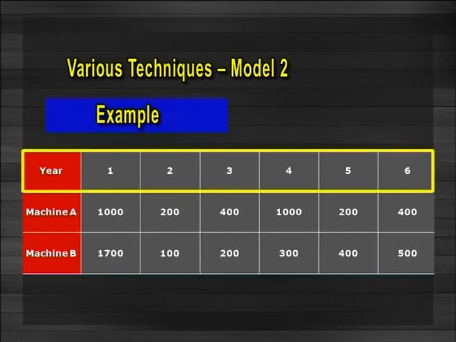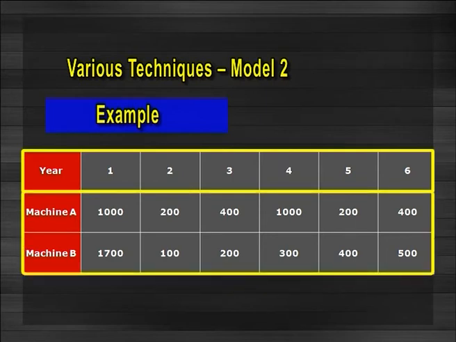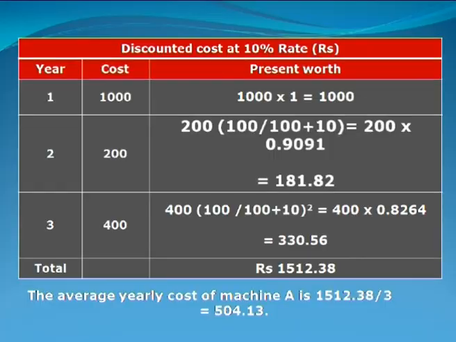First row indicates the year from 1 to 6. Second and third row indicates yearly cost of machine A and machine B respectively. Moving to the solution. The discounted cost or present worth at 10% per year for machine A for 3 years and B for 6 years is given in the tables below.